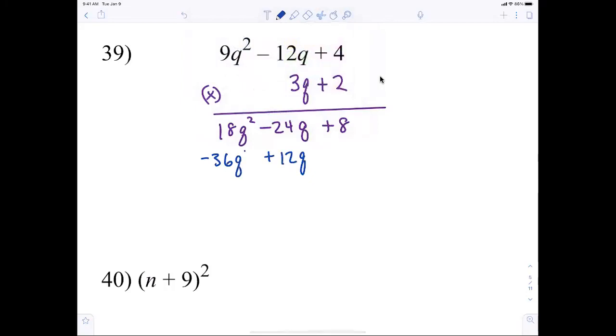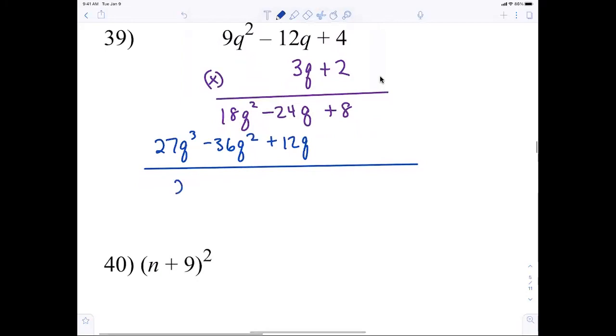And then 3q times 9q squared. Exactly. All right, so here we go: 27q cubed minus 18q squared minus 12q plus 8. Anybody have any issues with that?